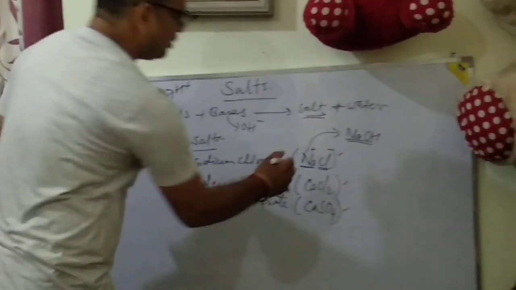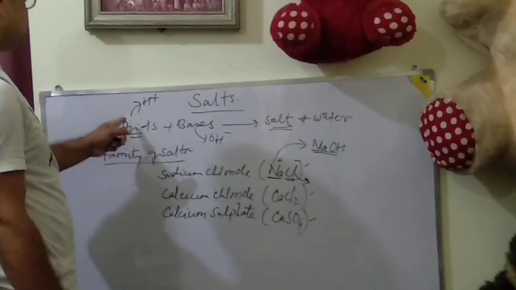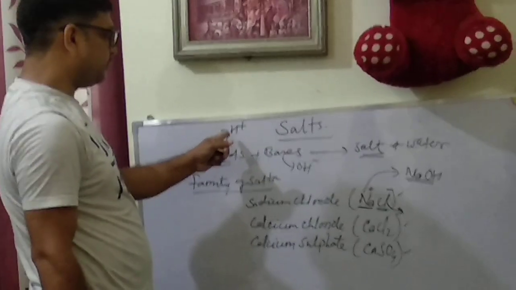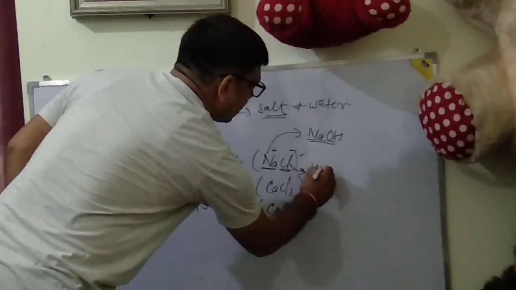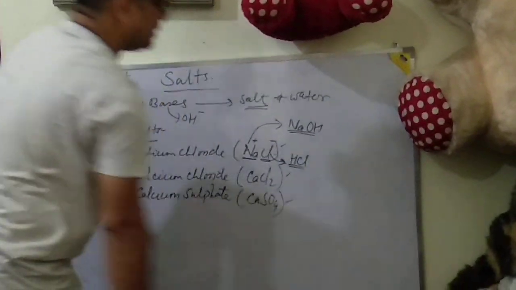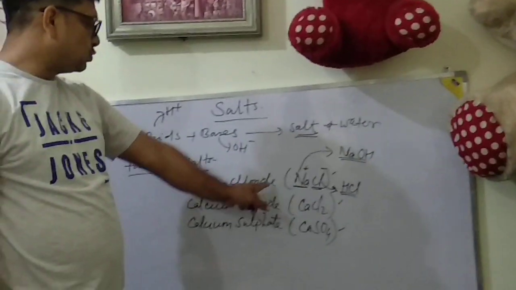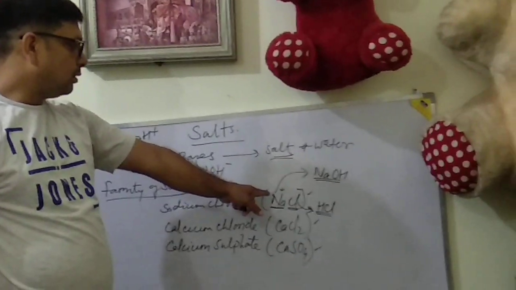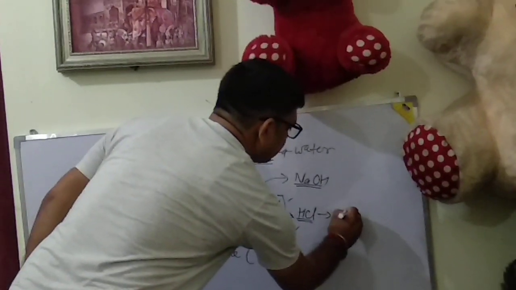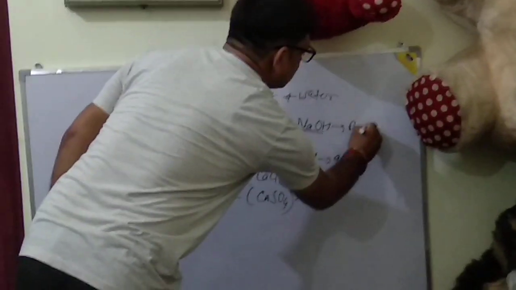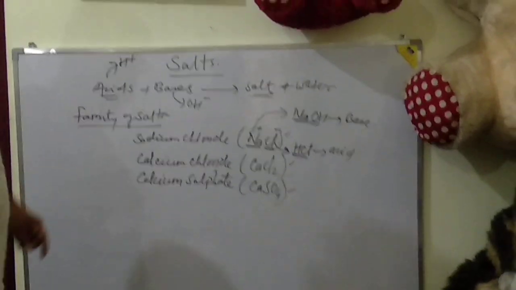And this is chloride, a negative ion, which will be connected with the positive ion H. So this HCl will be the acid. In the sense, we can say that in the formation of sodium chloride as a salt, the acid is hydrochloric acid, and this is the base which is involved in the formation of sodium chloride.